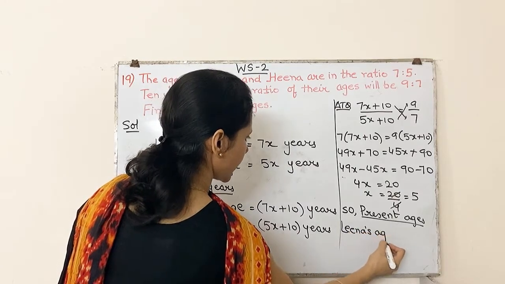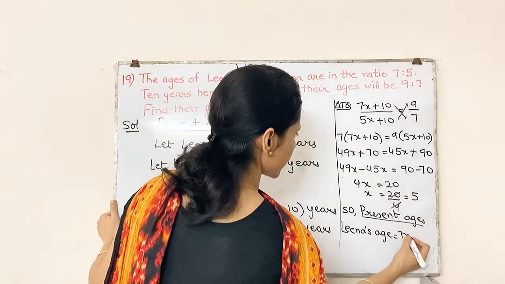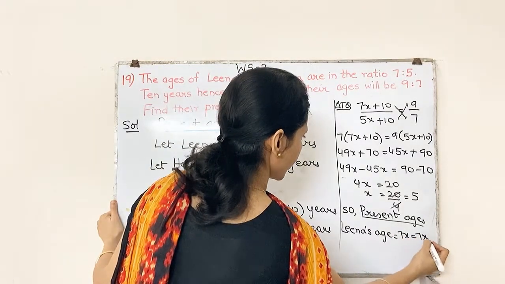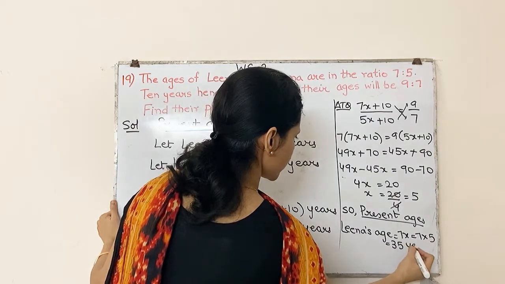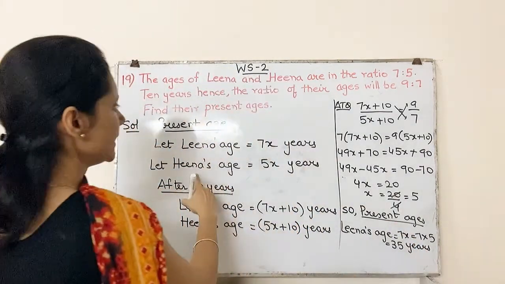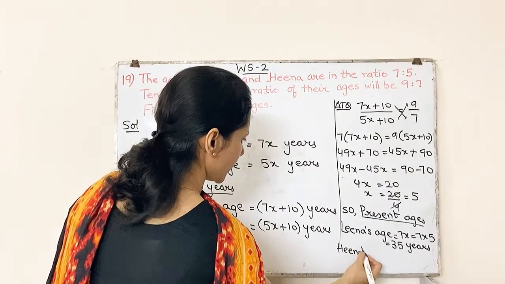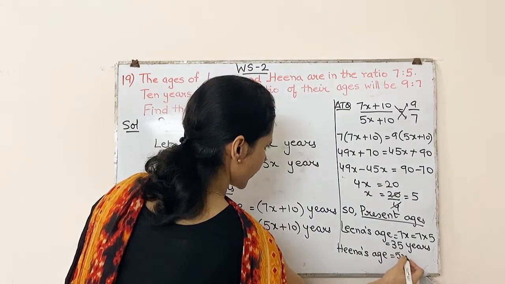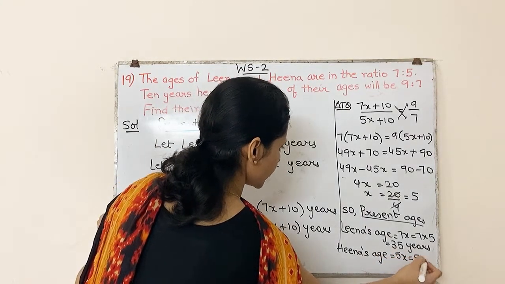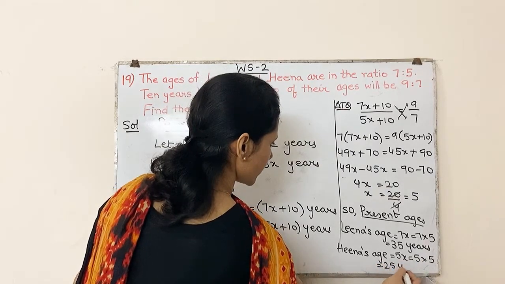Leena's age, we supposed it to be 7x. That means 7 multiplied by 5, that is 35 years. And Hina's age is 5x years. So we will say Hina's age is equal to 5x, that is 5 multiplied by 5, that is 25 years.